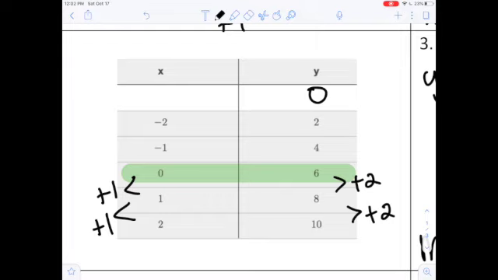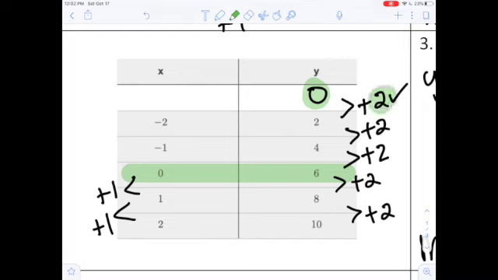Again, 6 to 8 was 2. What about 4 to 6? 4 to 6 was also 2. And then 2 to 4 was also 2. So I wonder, is it correct to say that from 0 to 2 is plus 2? Yes, it is. Cool. So another way you can think about it is some number plus 2 is going to give you 2. So what is that number? It has to be 0. So you kind of have to go a little bit backwards with it. Okay, so there's our 0.